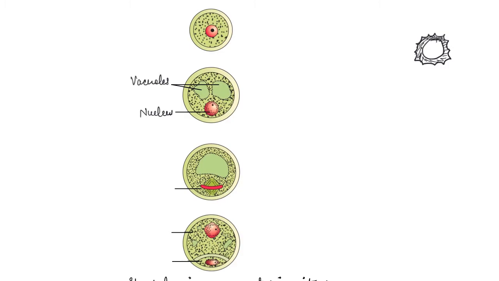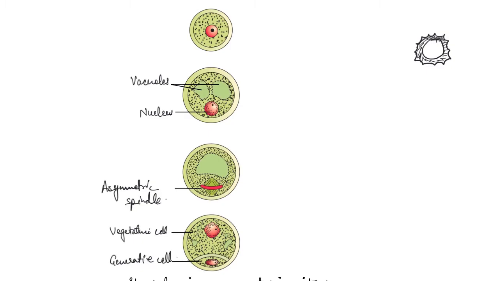Okay, then you'll see that it is forming an asymmetric spindle, and then it matures into a pollen grain wherein it has a vegetative cell and a generative cell, right?